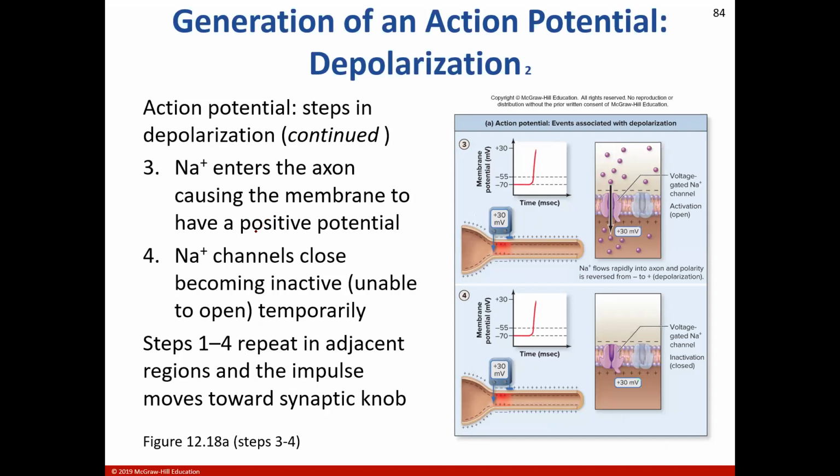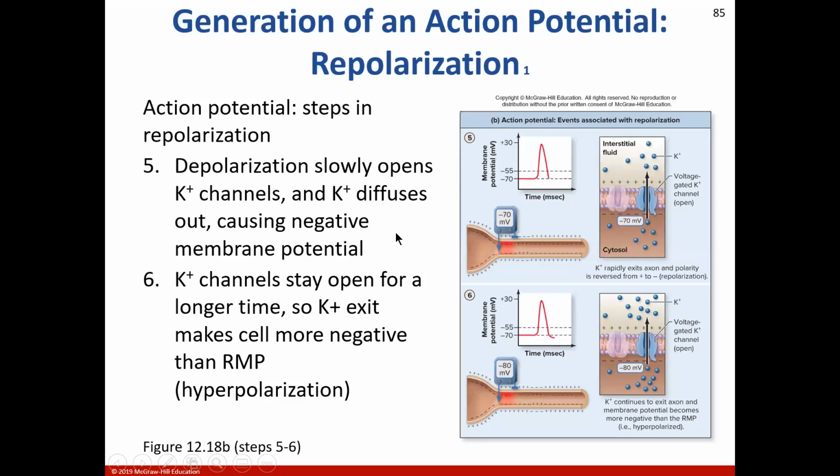So again, same thing. Go through these pictures, whatever helps you. And it's happening along the membrane, traveling along the membrane, going to the actual axon terminal, because that's where the neurotransmitter is released. Remember the acetylcholine in the muscle.